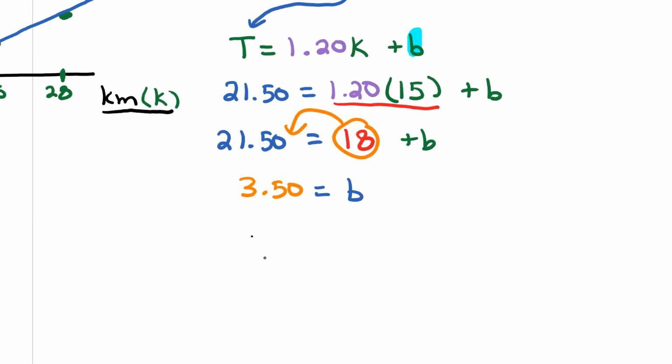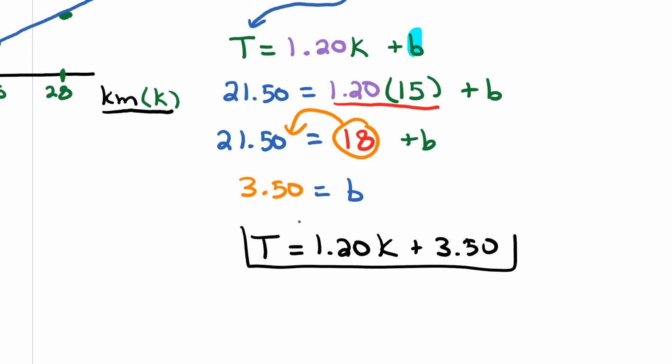My equation for this problem is T equals $1.20K plus 3.50. A little bit of work for that problem, and a little bit of algebra, and definitely use your calculator to do some of these tricky calculations.